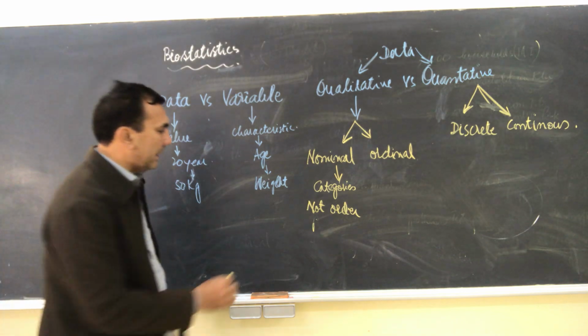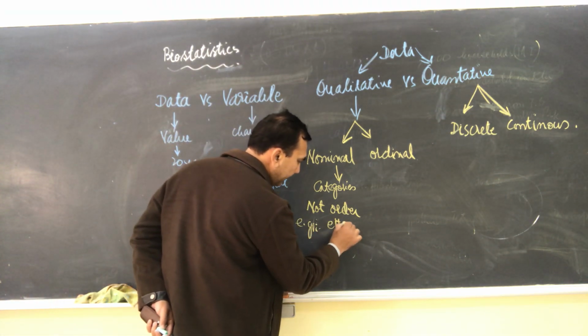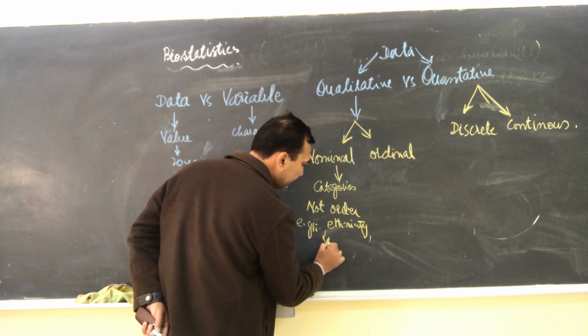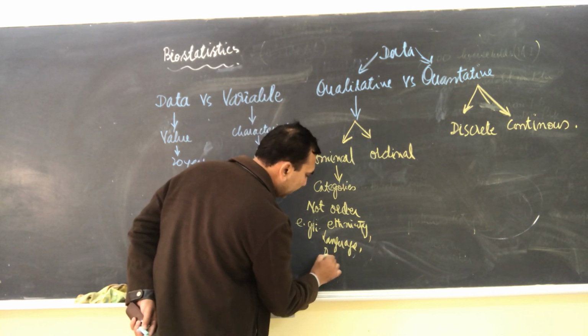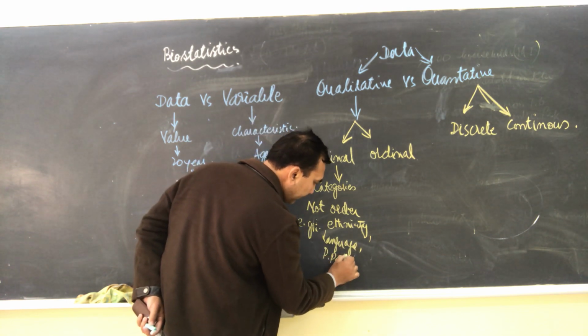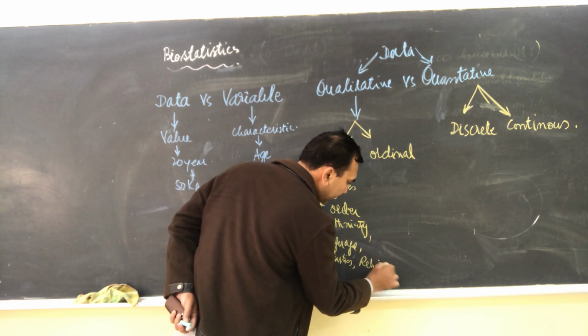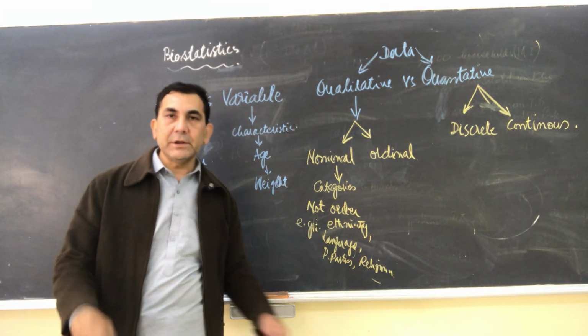Just like the examples: ethnicity, language, political parties, religion. These are in category form.